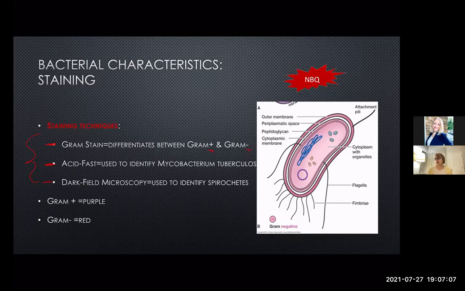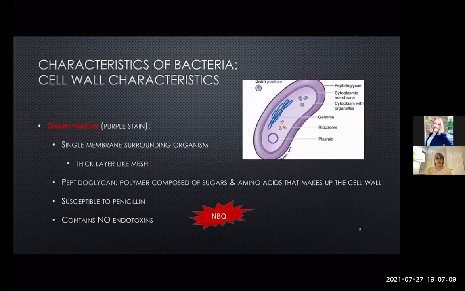So the takeaway, really, you and I are going to focus on gram positive and gram negative. So gram positive bacteria stain purple. So think positive, purple. Gram positive, purple. They have a single membrane, which is really important because when we think about membranes, in order to kill bacteria, we have to get through that membrane.